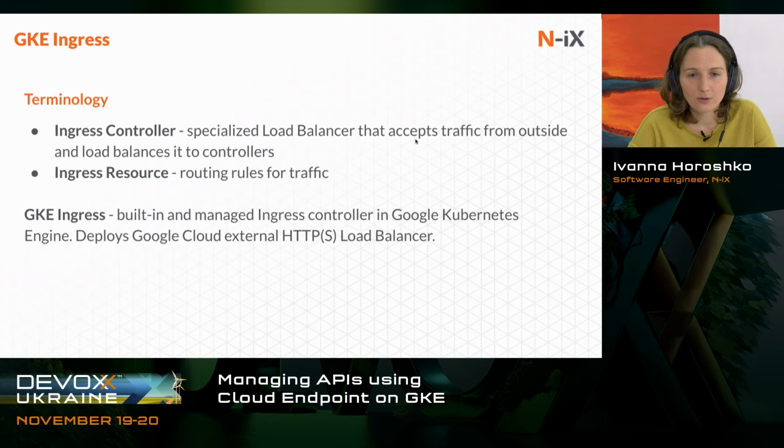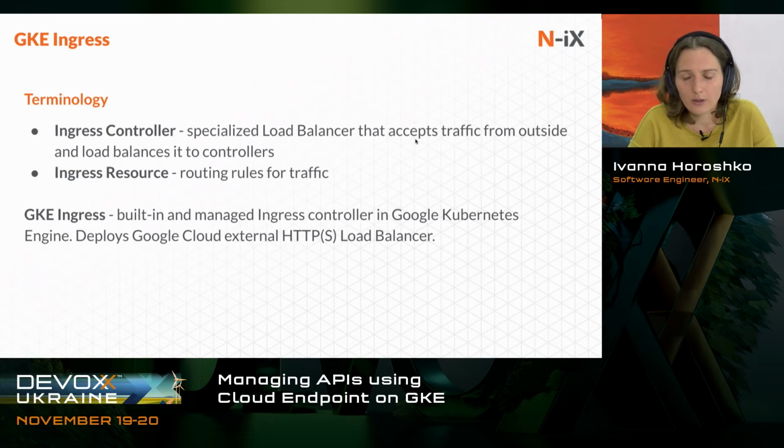Ingress resources are routing rules. So you have this one controller that has the public IP address and you are able to access it, and then Ingress resources just define which paths, or based on other attributes, are supposed to go to which service inside of your cluster.